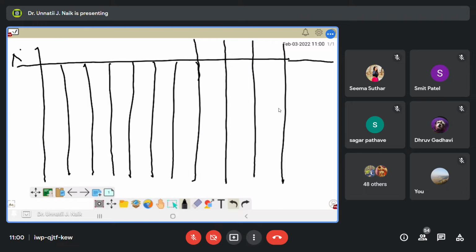Here we mention the number of electrons. Here it is ml value. Here it will be L value, then S value, then 2S plus 1 value, and then we have the term symbol.